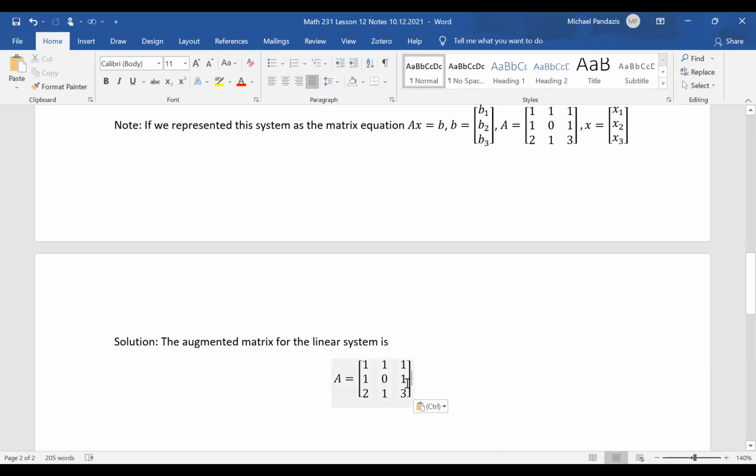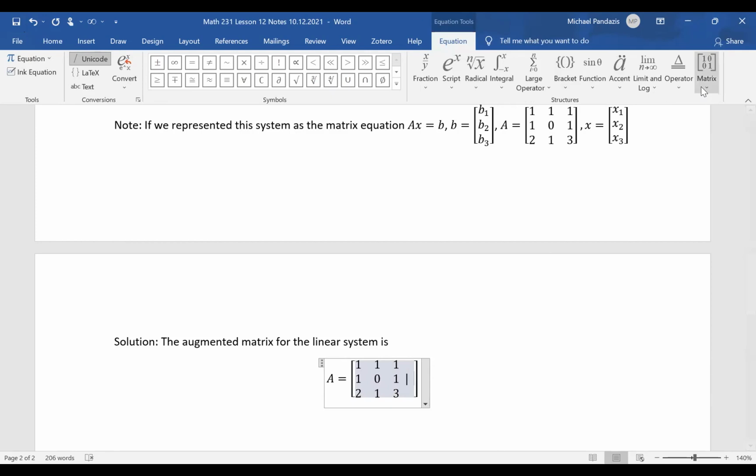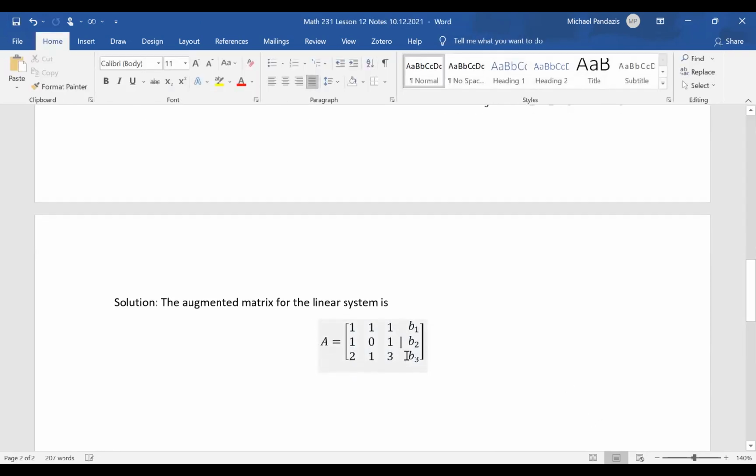Oh, wait. That's the coefficient matrix, but then I'm going to add the B values. So this is B1, B2, and B3. I'm partitioning the matrix here.